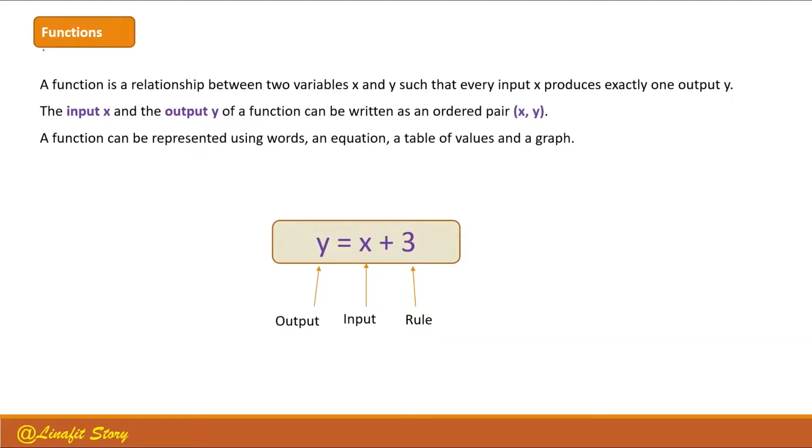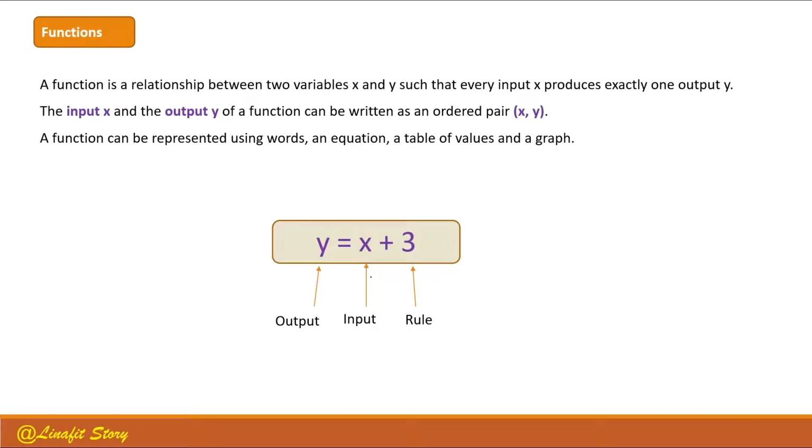In the previous section, we have learned how to use the coordinates x, y to describe the position of a point in a plane. In this section, we will study the relationship between the two variables x and y. A function is a relationship between two variables x and y such that every input x produces exactly one output y.